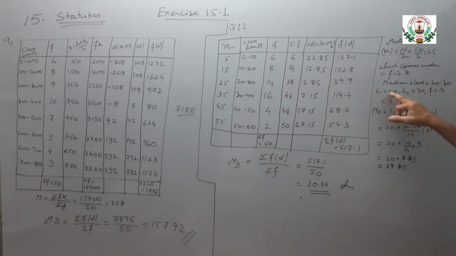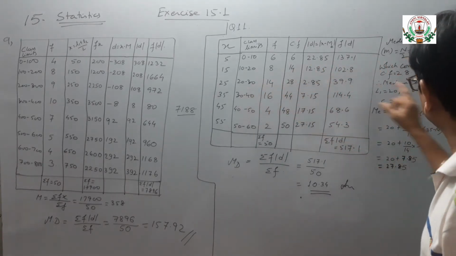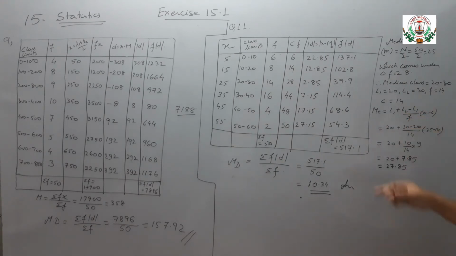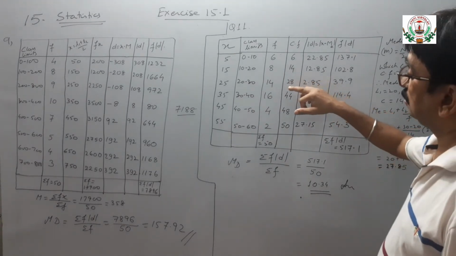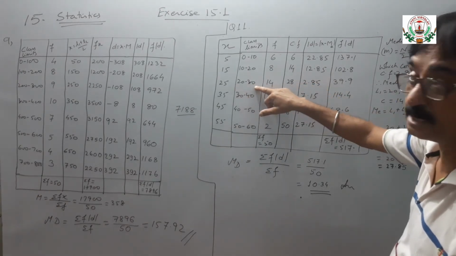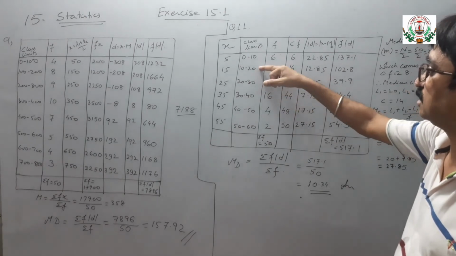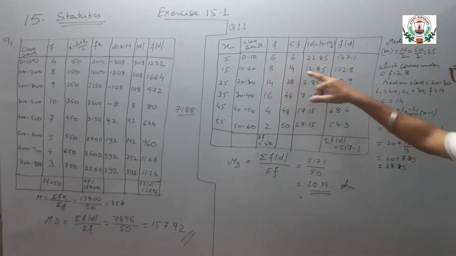So the lower limit of the median class L1 is 20, the upper limit L2 is 30, and f is the frequency of the median class, that is 14, and c is the cumulative frequency just preceding the median class. Which is the median class? 20 to 30, and the cumulative frequency of the class just above it, that is 14.